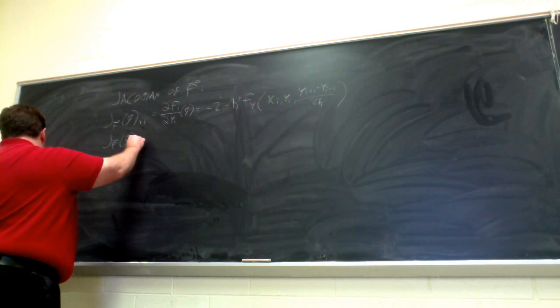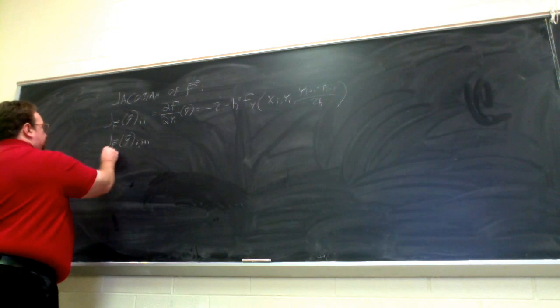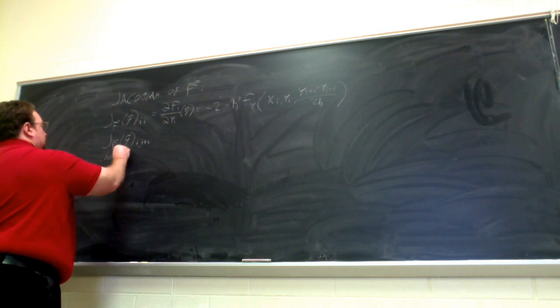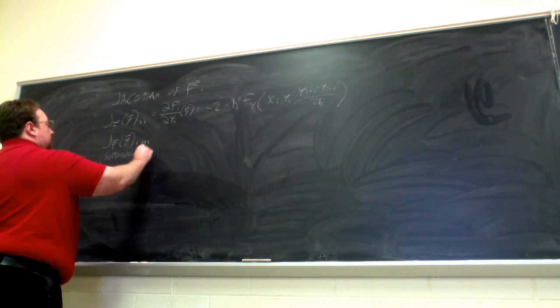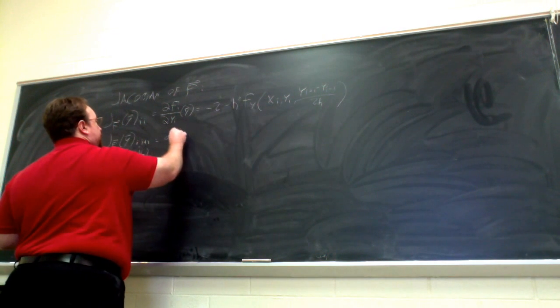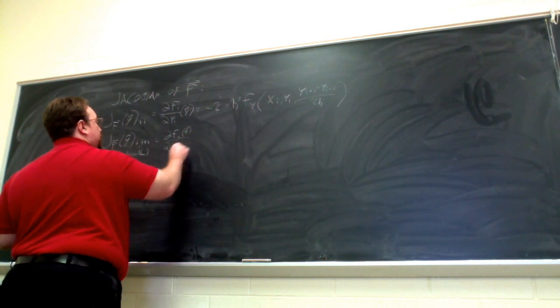On row i, column i plus 1, this is the super diagonal, where rows are less than columns. That's the partial derivative of fi with respect to yi plus 1.